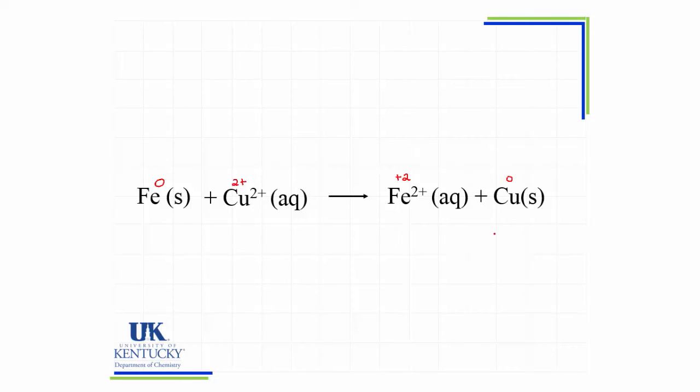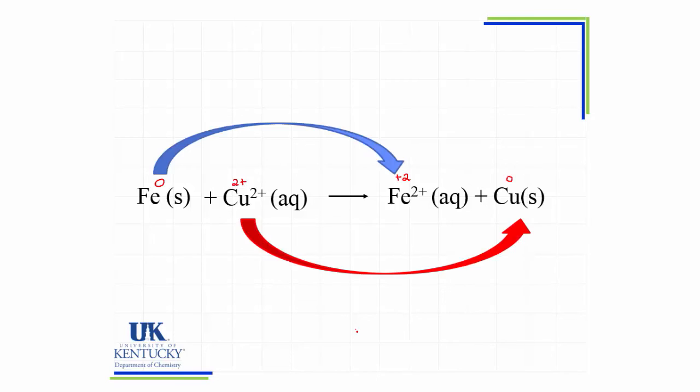Now what we want to look at is how these substances change. How does iron change as it goes from left to right, and how does the copper change? So let's look first at our iron. And what we see is that as we go from iron to iron 2+, we've actually lost electrons. And so that tells us we're dealing with an oxidation process.